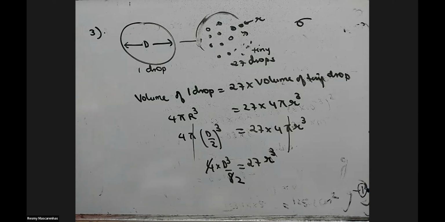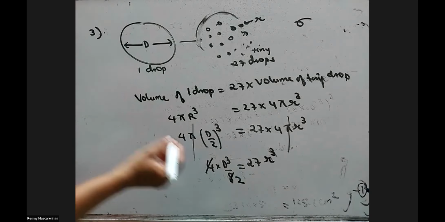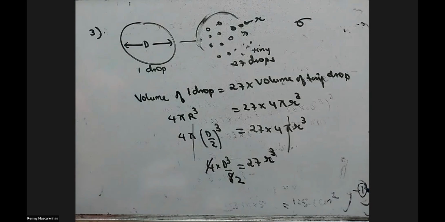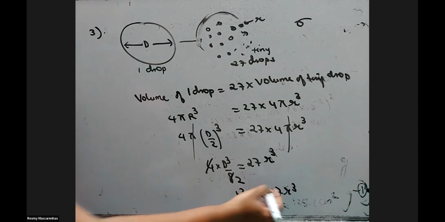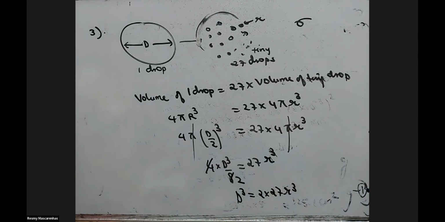I've taken it properly now. And now we'll take a cube root on both the sides. This is the volume of the tiny drop, correct? Why the 2 is coming up, I'm just seeing that now. D cube would be 2 into 27 r cube. If you take a cube root, it turns out to be 6. I'll just check.